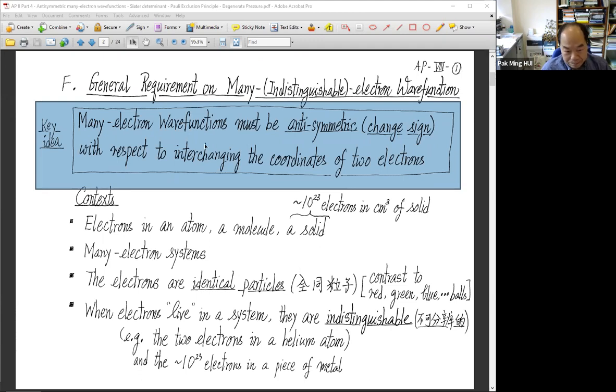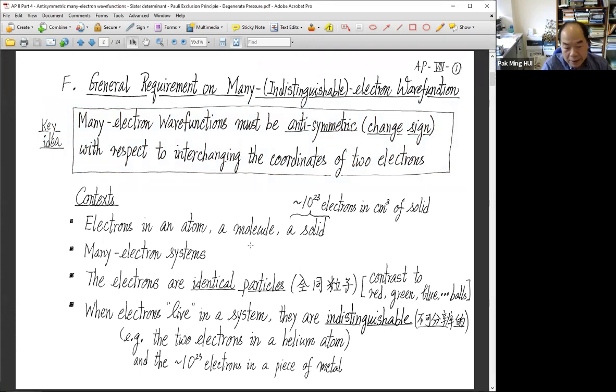So let's see. As I said, it all has to do with indistinguishability. We will see examples in this section and the next, about the 2 electrons in helium and 3 electrons in lithium. But in solid state physics, you have to exercise this rule again for 10 to the 23 electrons in a piece of metal.